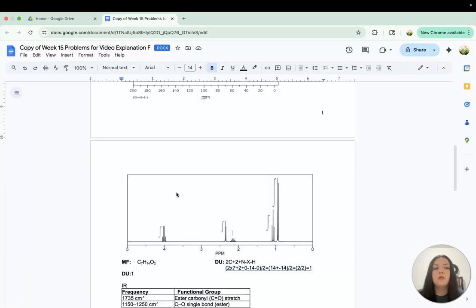Looking at our formula, there are 7 carbon atoms, 14 hydrogen atoms, no nitrogen atoms, and no halogen atoms. Thus, we get 2 times 7 plus 2 plus 0 minus 14 minus 0. We divide that by 2, and we get 1. So the DU of the equation is 1.